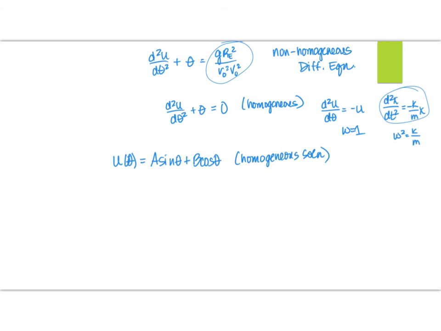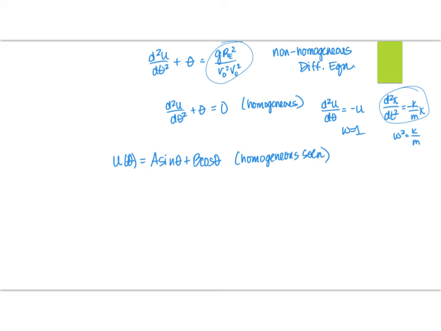When we did the simple harmonic oscillator, we wrote it just in terms of one of those, but remember it had a phase constant. We could also have written it as a linear combination of sine and cosine.